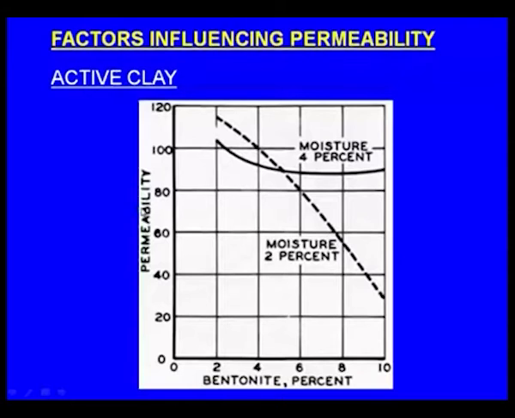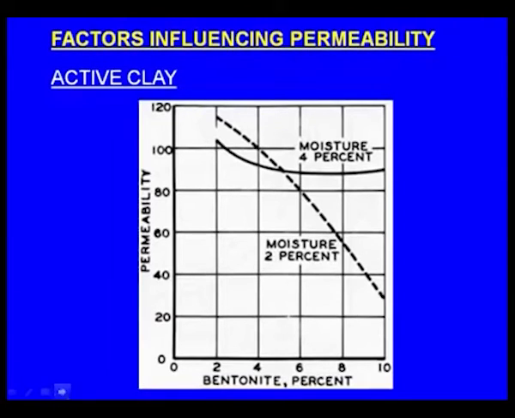Now let us see the influence of the clay on the permeability. Here, because we are ignoring the dead clay, we are talking about the active clay. In the previous lectures we have seen that among the clays, bentonite is the most popular clay.